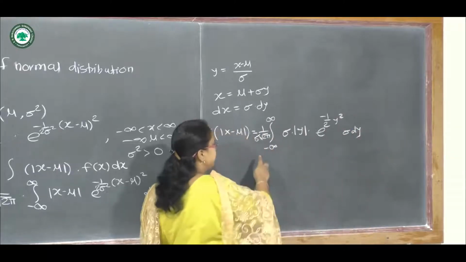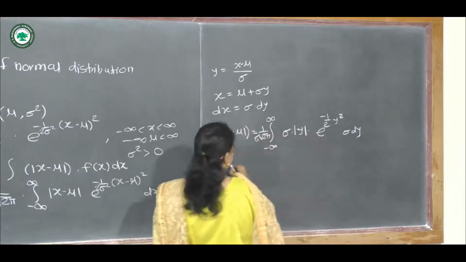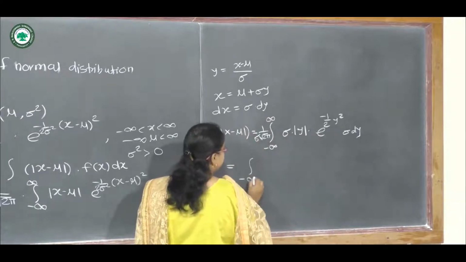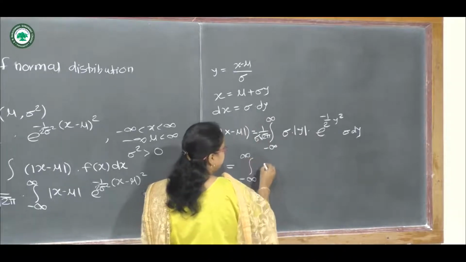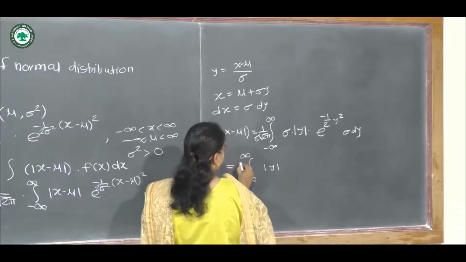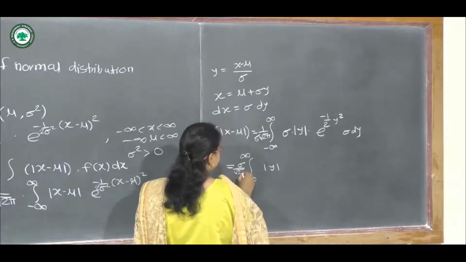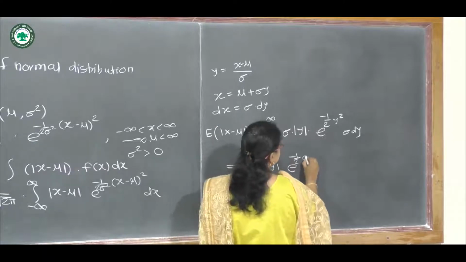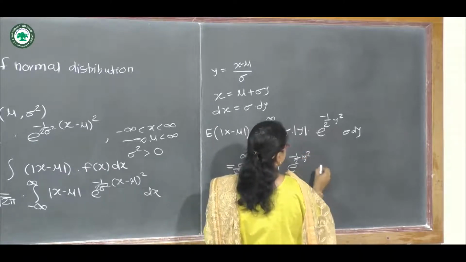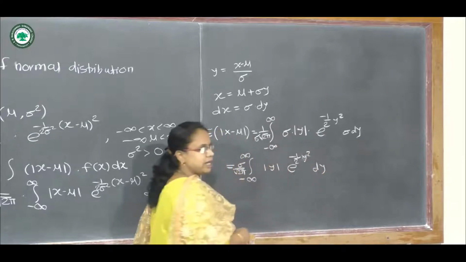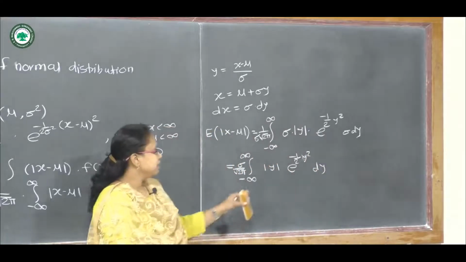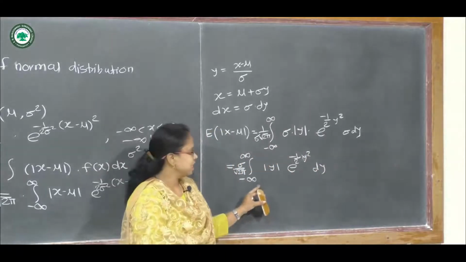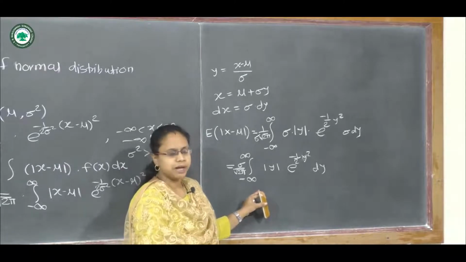So here sigma will get cancelled. We will have integration from minus infinity to infinity, modulus of y, sigma upon root 2 pi, e raised to minus 1 upon 2 y square. Here we can note that this integral part is even function in y.